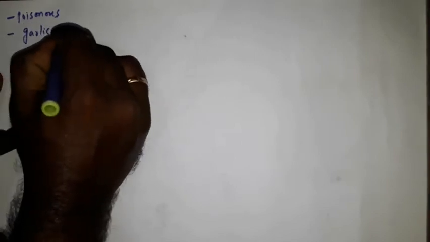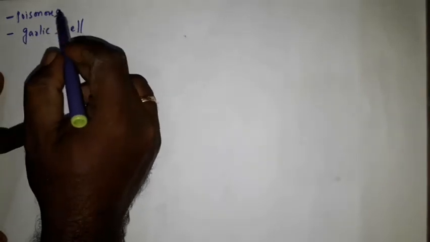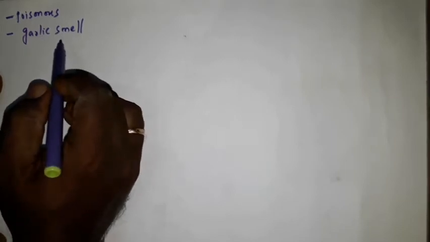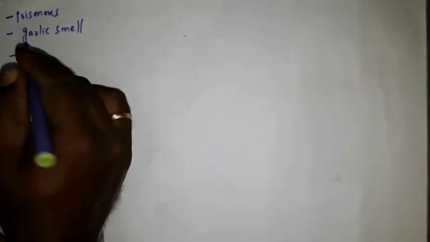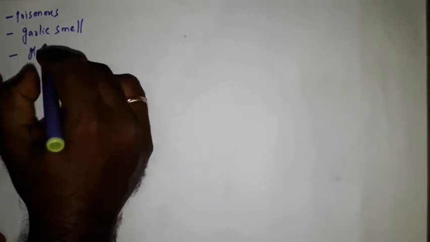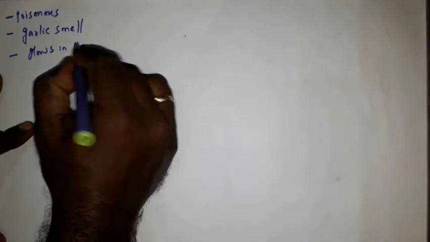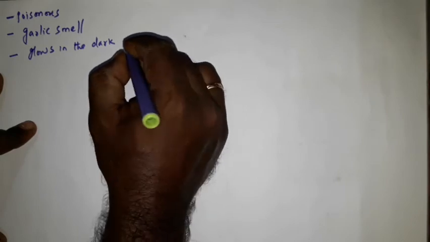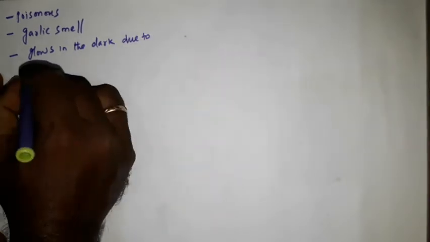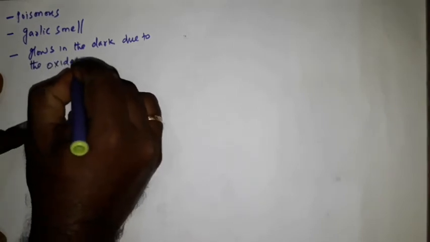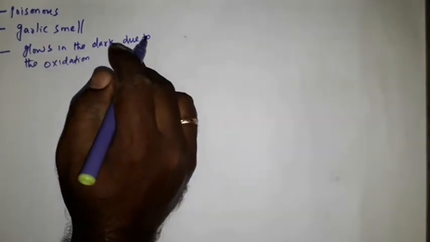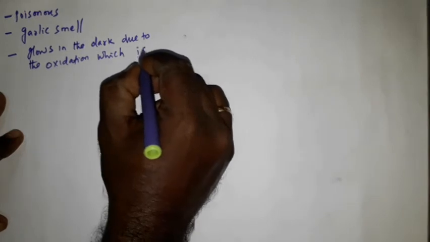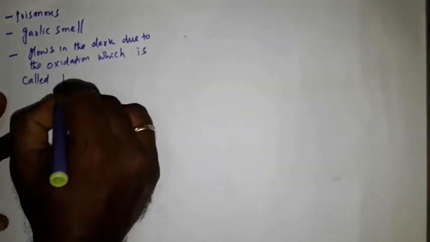Then it glows in the dark, due to oxidation, and this is called phosphorescence.